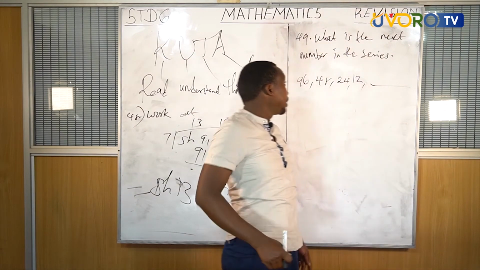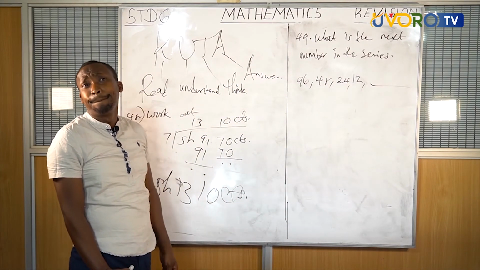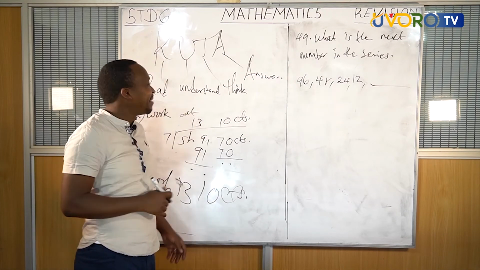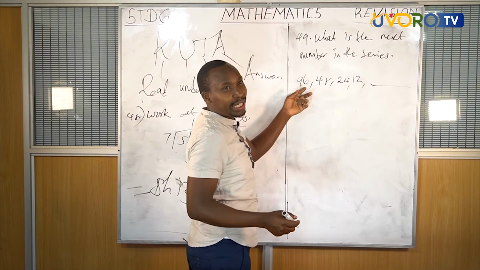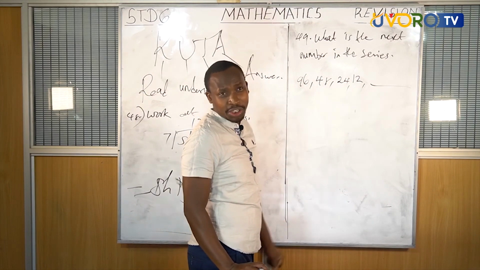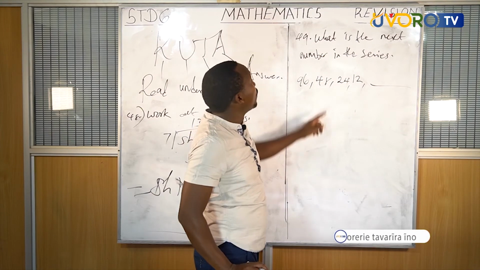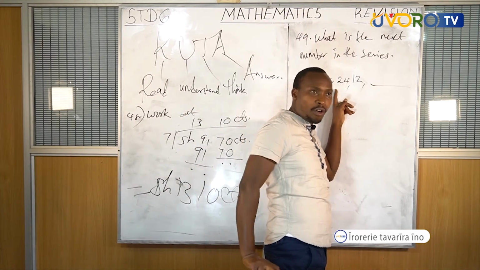Now, what is happening to the numbers here? They are decreasing by a half. Very good. Now, so when you decrease this number by a half, it becomes 48. If you decrease 48 by a half, it becomes 24.